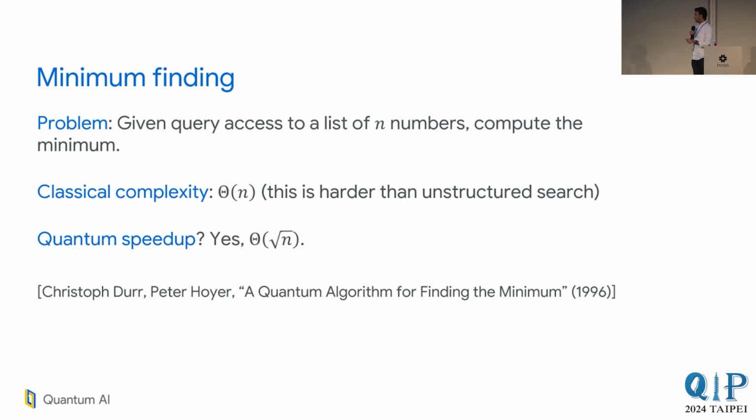This is actually a very old quantum algorithm. It's from 1996. It's almost 28 years ago. Yeah, people have been doing quantum algorithms for a long time. All right, so you can do minimum finding faster. The reason I'm talking about these classical primitives that you can quantize is that, as I said before, you have an algorithm in mind and at some point you need to find the minimum.